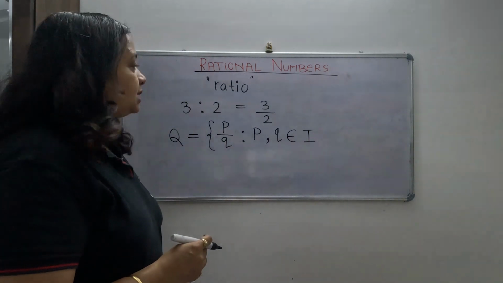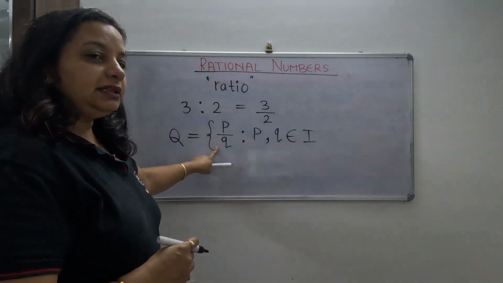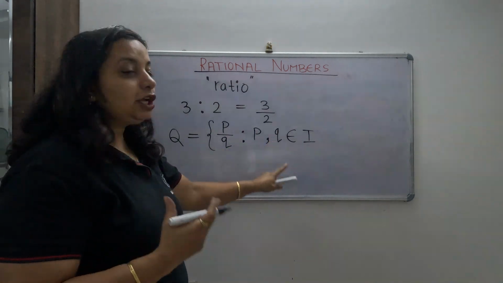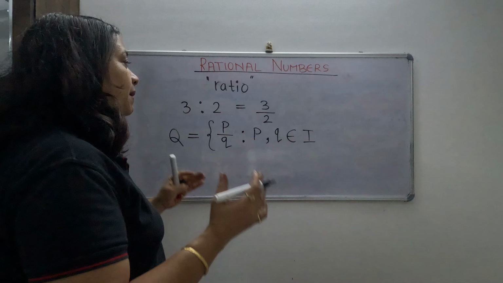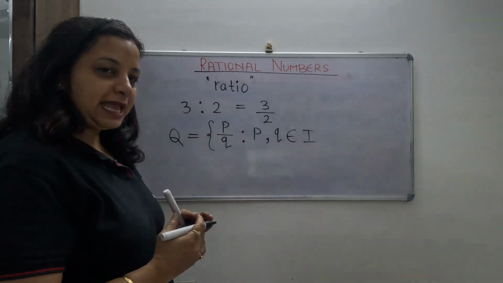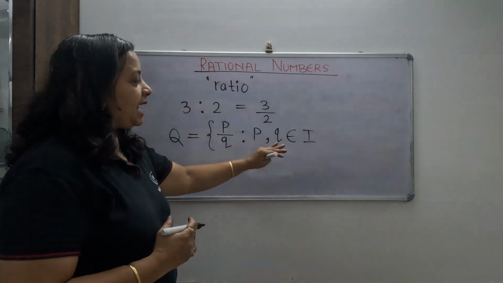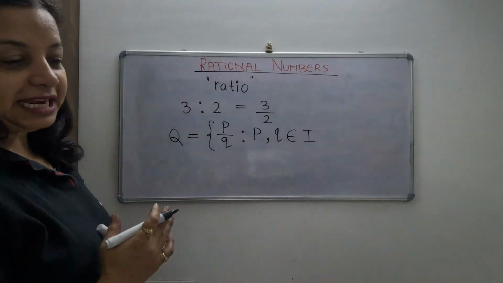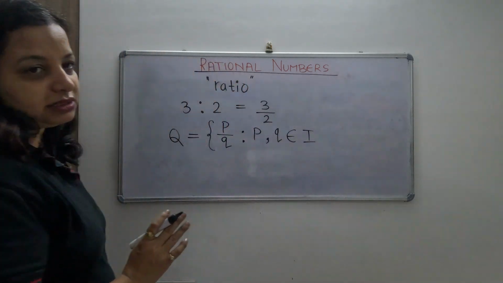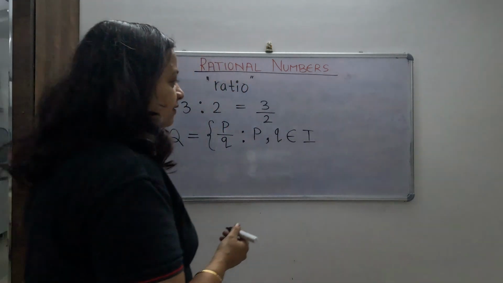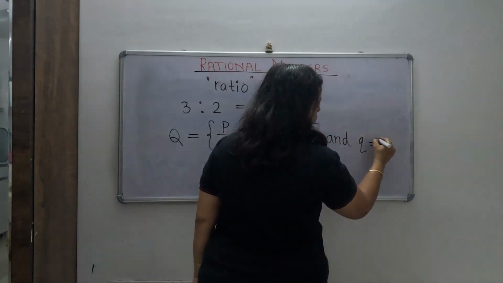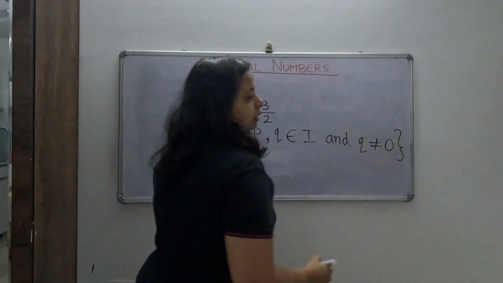In fractions, the form is p/q only, but there p and q are natural numbers. In rational numbers, what is the difference? Here p/q is the same form, but p and q are all integers. Very important: integers, because we can use negative numbers also. And very important, q should not be 0.